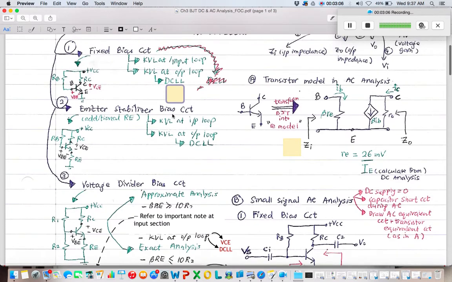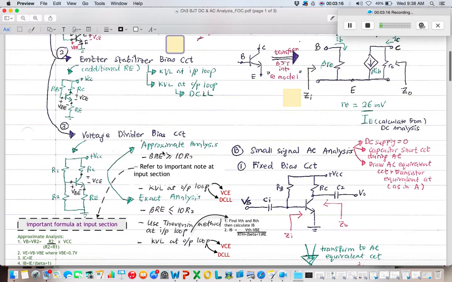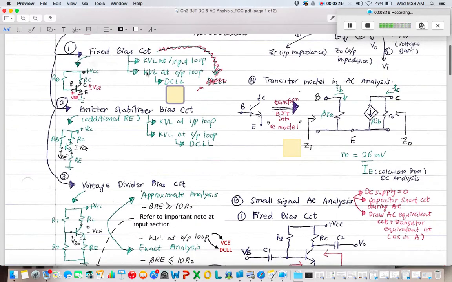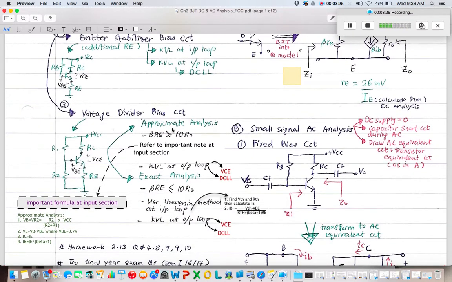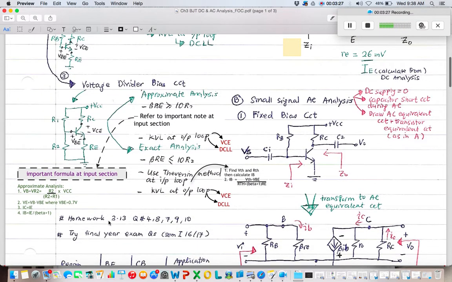The same thing, KVL at input loop and KVL at output loop, and DCLL can only be obtained from the KVL output loop. You have done exercises on fixed bias circuit and emitter stabilizer bias circuit last time in the homework exercise question number 4 and number 8.